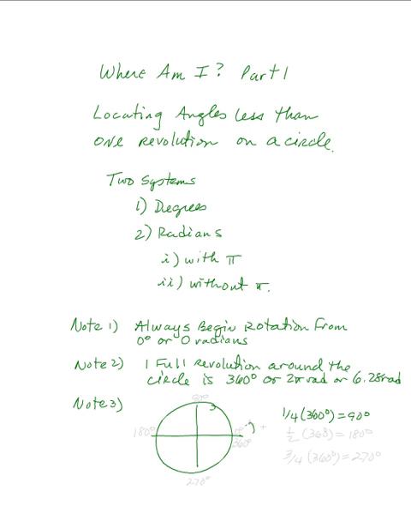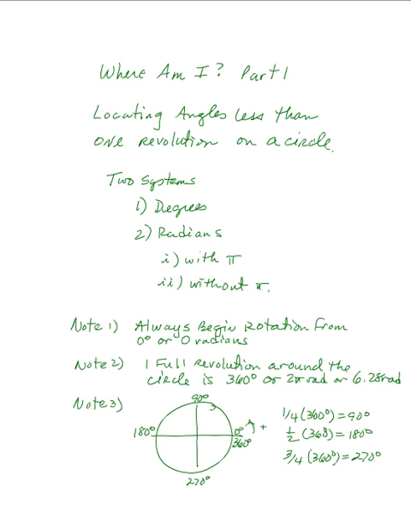So moving in the positive direction around the circle and starting at 0, this is going to be 90 then. Halfway around the circle, or half of a revolution, is going to be half of 360, or 180. And then 3/4 of the way around the circle is going to be 270 degrees. So that's going to be here. And finally, full circle again, where you'll end up exactly at the same place where you started at 0 degrees, but your rotation's 360.